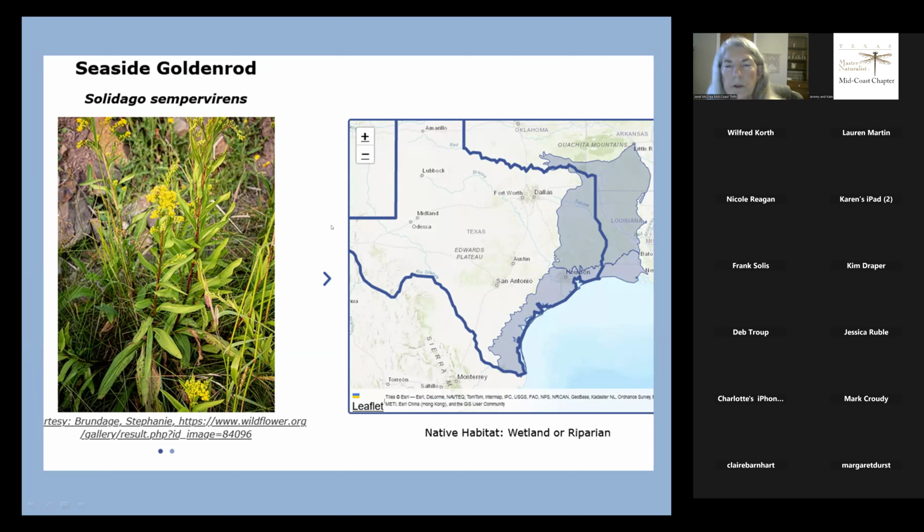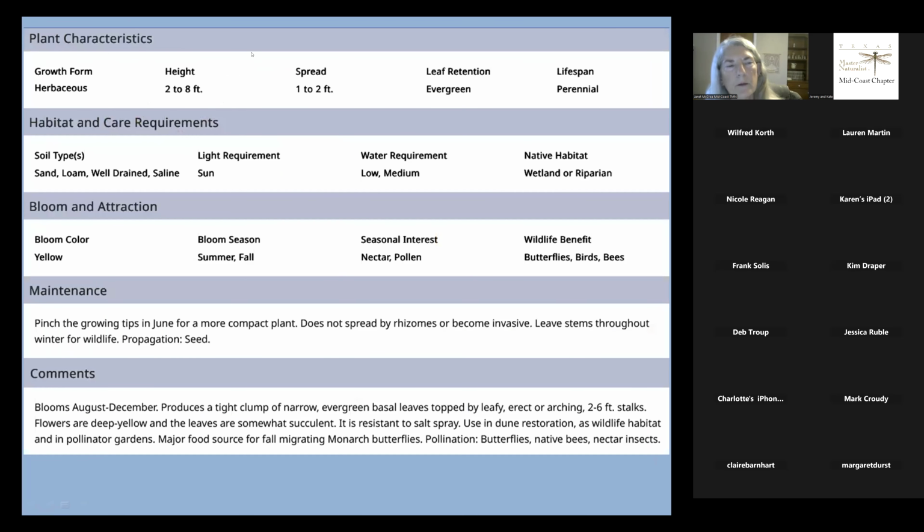You can also use this to toggle and it'll bring up the counties just like on the other maps. So you can see the specific counties that it's native to. Then scrolling on down, it'll show you all the information that you want to know about that particular plant.